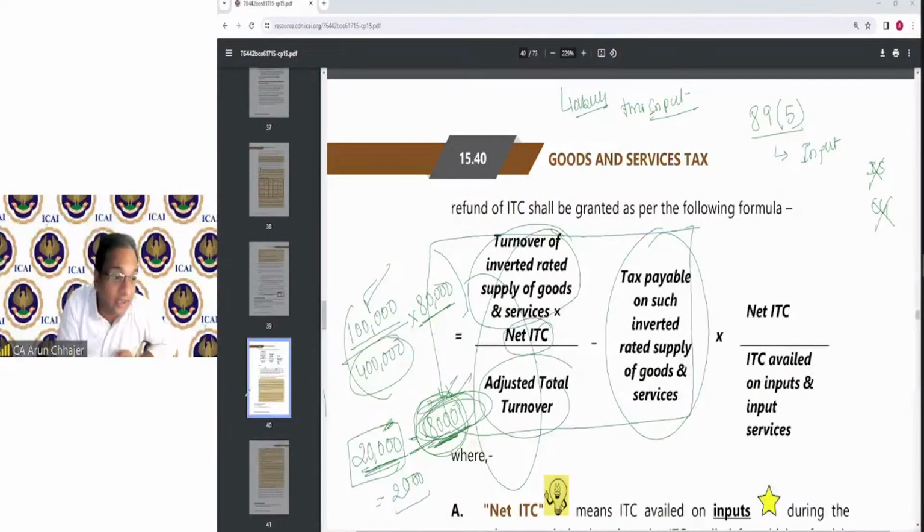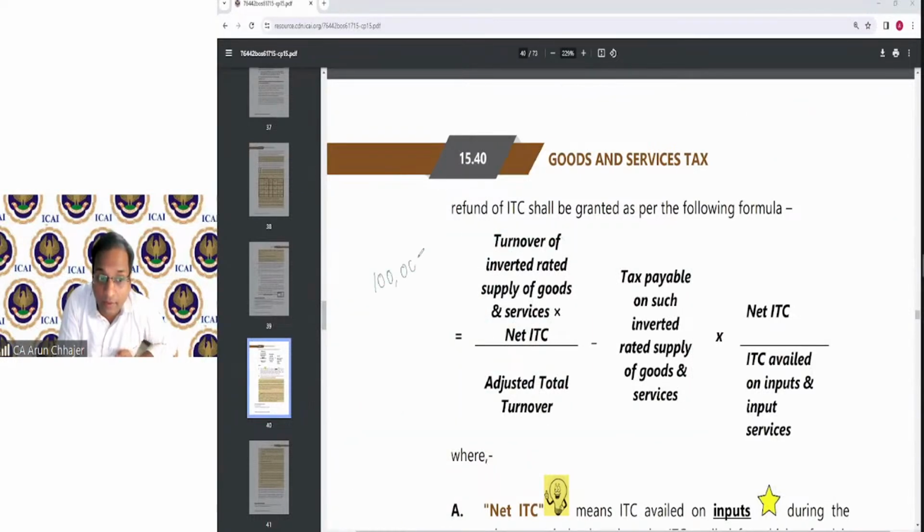Therefore, they are saying you do not have to reduce the full 18,000. 1 lakh divided by 4 lakh multiplied by 80,000, so what came? 20,000 came. Now they are saying you will not reduce 18,000. You will reduce 18,000 multiplied by net ITC, and say that in that month you also had input service. Let's say it was a total of 1 lakh.